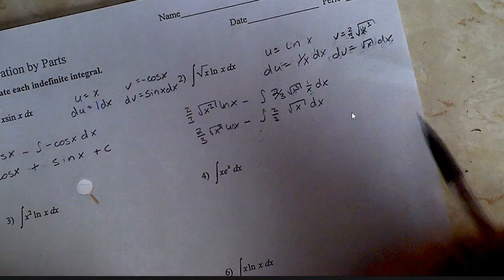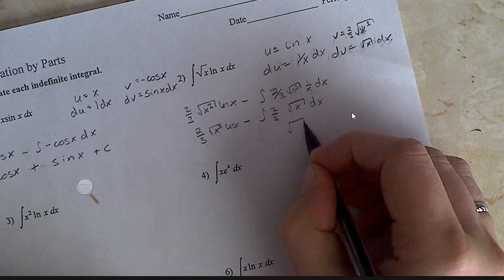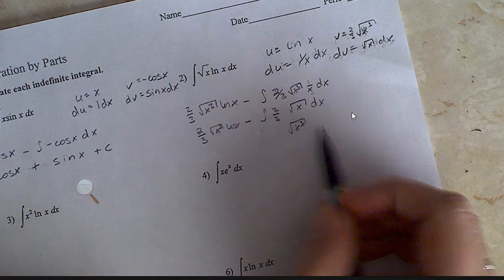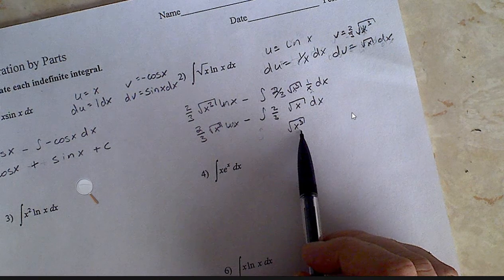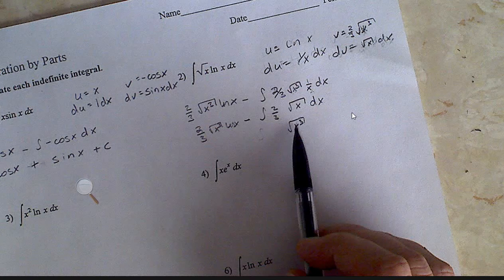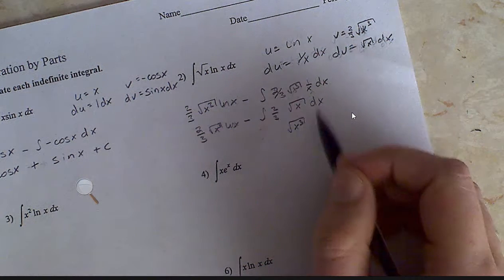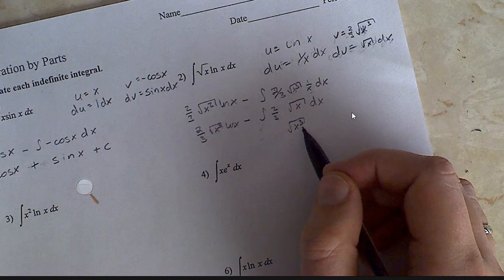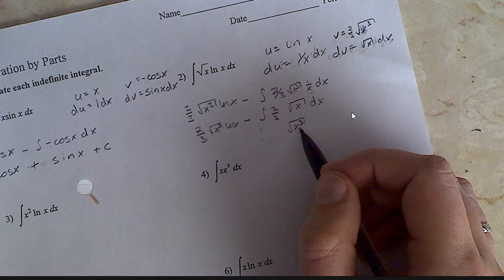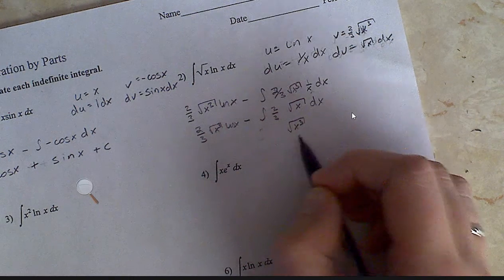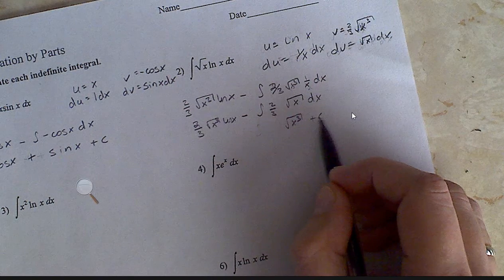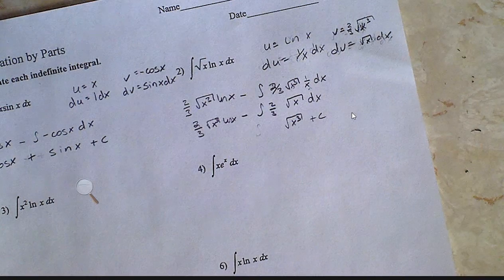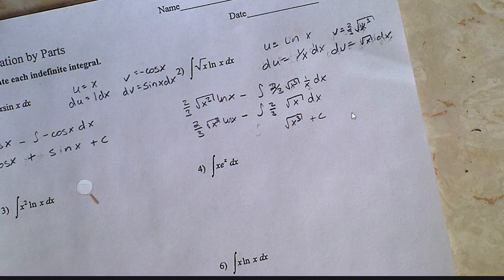If we turn this into x to the 3/2, we add one to the power and then divide by 3/2. Then 2/3 divided by 3/2 turns into 4/9, because if you divide by 3/2, you're multiplying by 2/3.